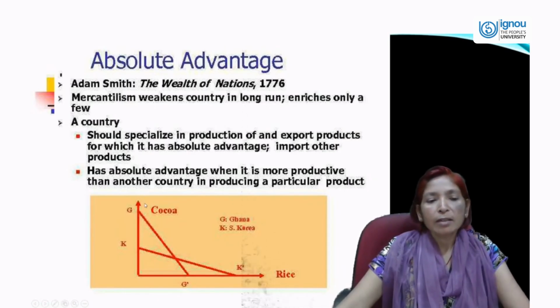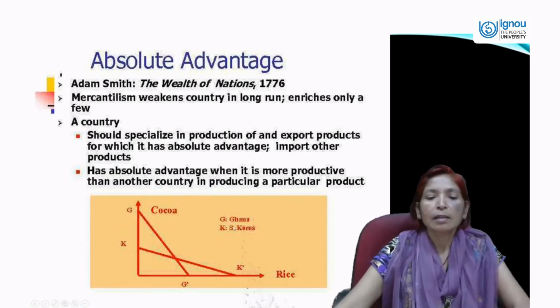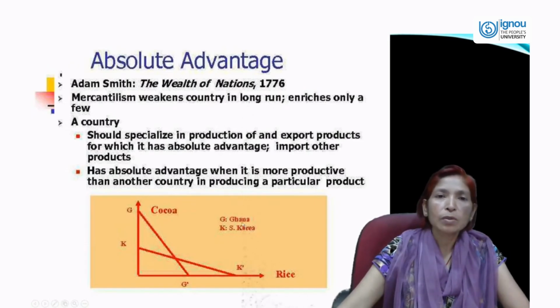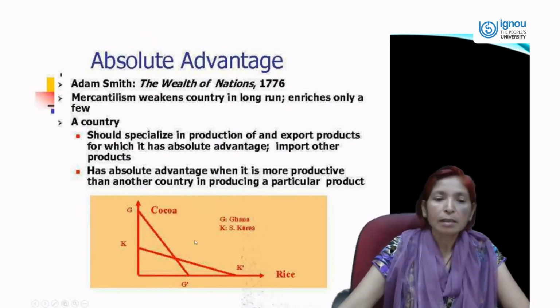If there are two countries engaging in international trade, one is Ghana, which is an African country, and the second is South Korea, and Ghana is producing more cocoa and South Korea is producing more rice, then if one country is able to produce one commodity in larger quantity and the other country is able to produce the other commodity in larger quantity, both will enter into international trade.